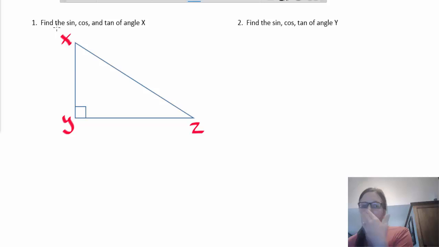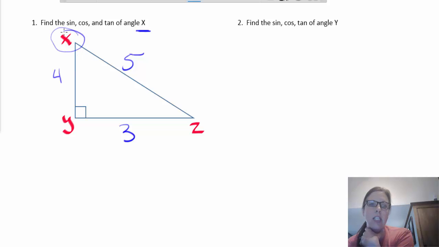Okay, so if we're looking on here, it says find the sine, cosine, and tangent of angle X. Let's just say this was a 3, 4, 5 triangle. Now, if you were just given 2 sides, you could use the Pythagorean theorem to come up with the third, but let's just say these are our lengths. We're trying to find the sine, cosine, and tangent of X. So how you would write this is, sine of X is equal to, remember sine is opposite over hypotenuse, so it would be 3/5.